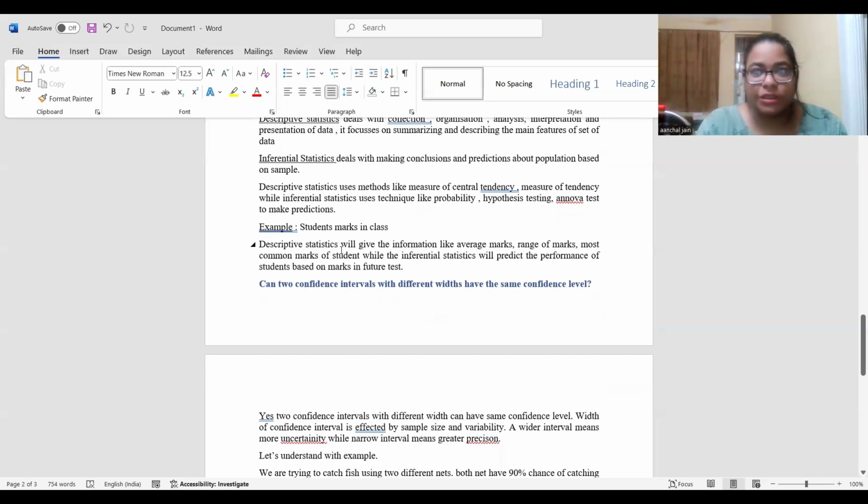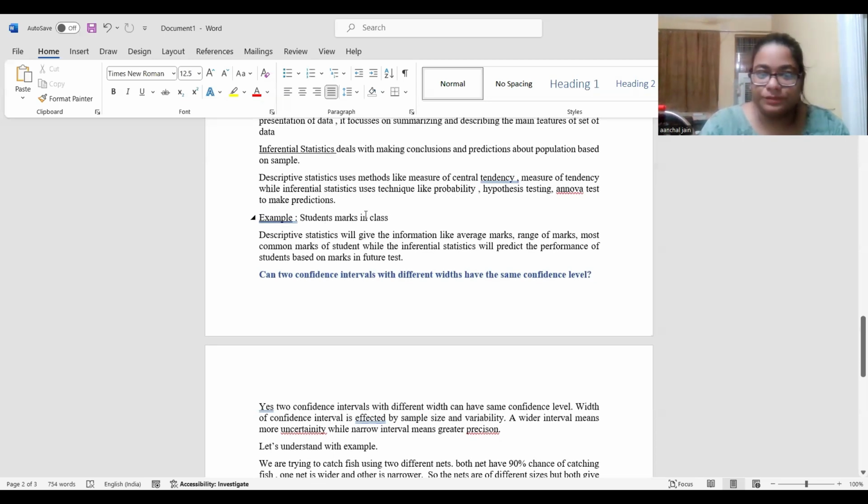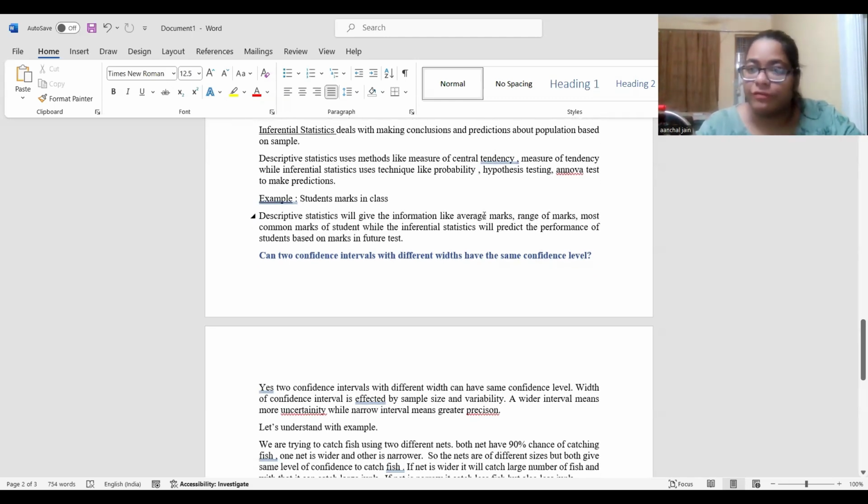Now let's take an example. Suppose there is a class in which a test has been conducted and the students got marks. What descriptive statistics will do here is give information about the marks, that is the average marks, the range of marks, the lowest marks, and the most common marks that the students got.